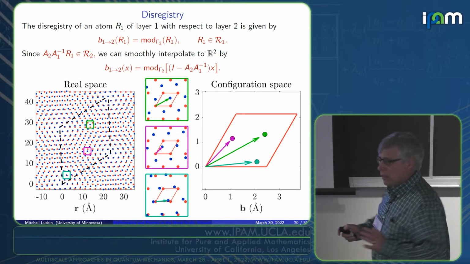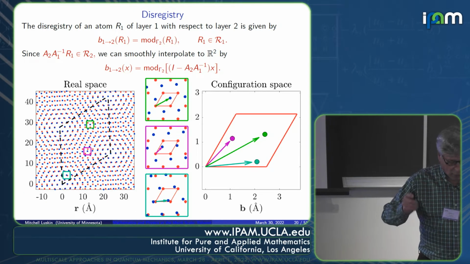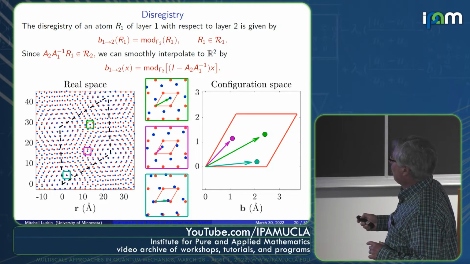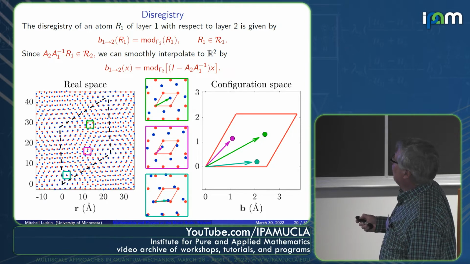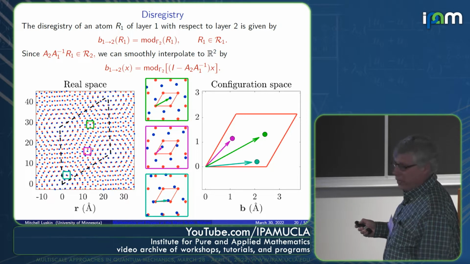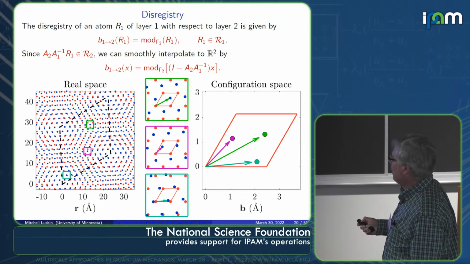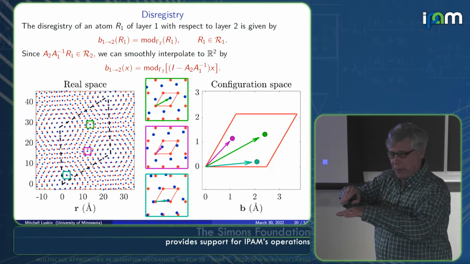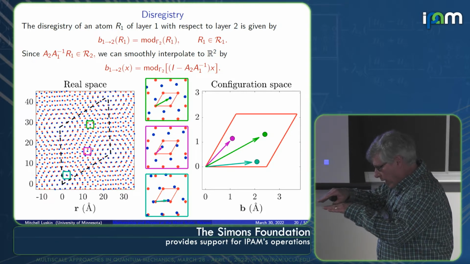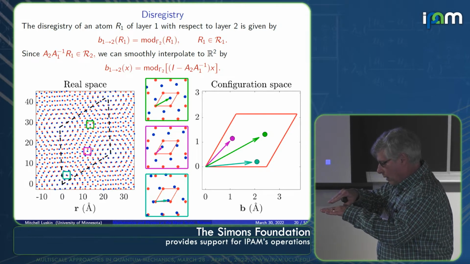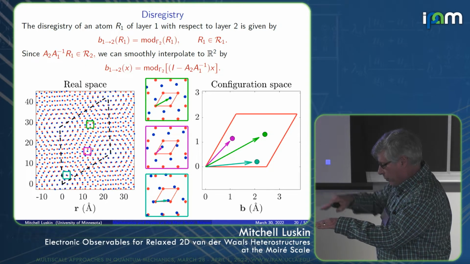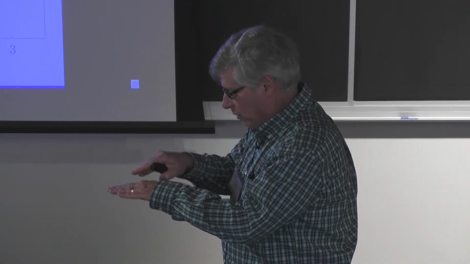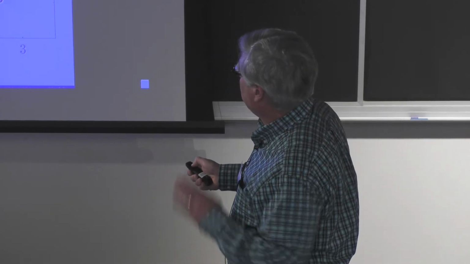Okay, so now let me try to help you understand the notion of the Moiré a little better. One nice way to study Moiré is through the notion of disregistry, which is a concept from mechanics. Disregistry means, if you have two layers and it's just a crystal, then everybody's in registry, but if you have some kind of defect or dislocation, then it may be slightly out of registry.